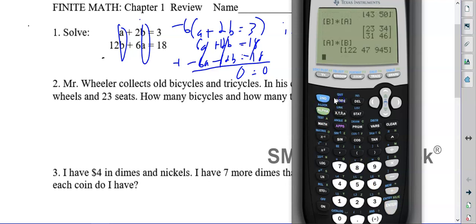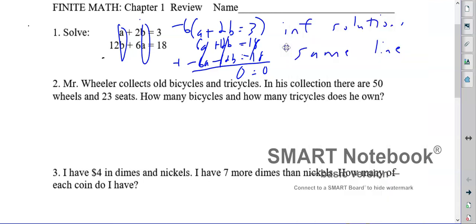And then we quit. We come back into matrix, go over to math, go up to rref, and then tell it again to look at matrix A. And remember, when you get 3 zeros on the bottom like that, that means infinite solutions.